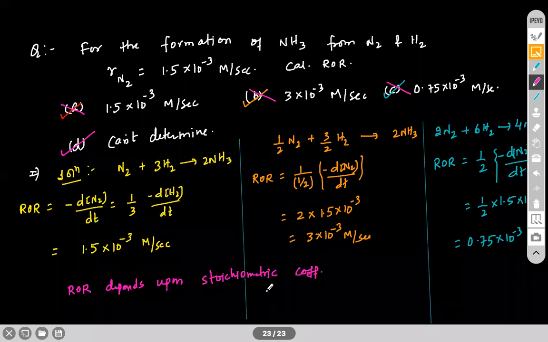Now when you write down this reaction and this reaction, you are changing the stoichiometric coefficient, yes or no? Since you are changing the stoichiometric coefficient, you are getting different rate of the reaction. Correct?